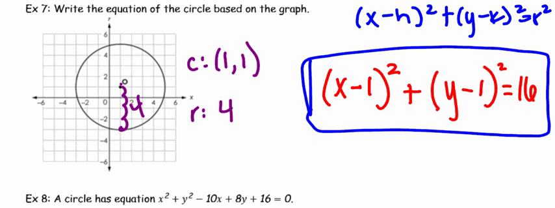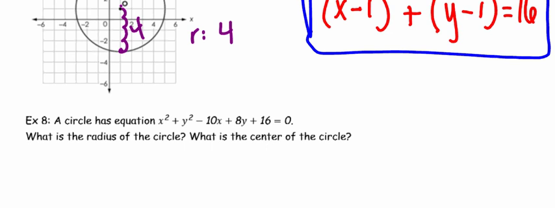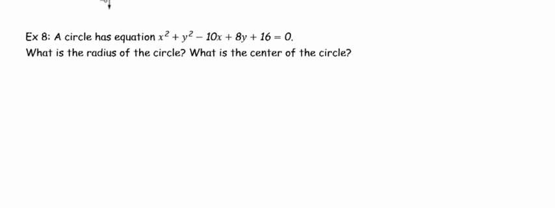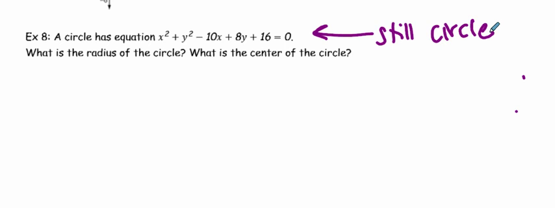And the last thing we're going to do in this video is example 8. This is a different equation of a circle. It's still a circle. It's just not the equation that we're used to. And it says, what's the radius? What's the center?